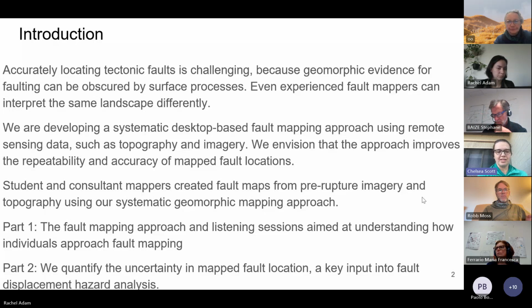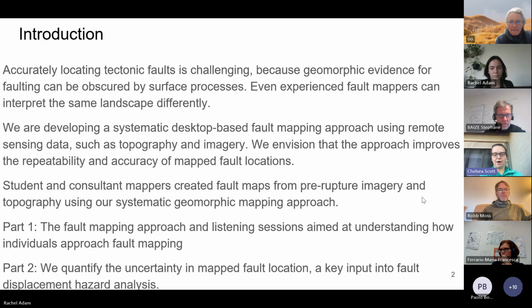We are developing a systematic desktop-based fault mapping approach using remote sensing data such as topography and imagery to map tectonic faults. And we envision that this approach will improve the repeatability and accuracy of mapped fault locations. In this project, we've had students and consultant mappers create fault maps from imagery and topography acquired before several historic earthquakes.